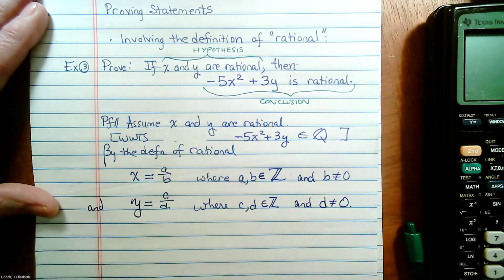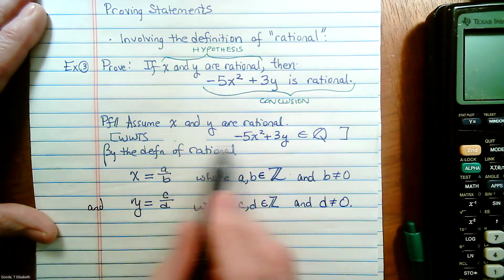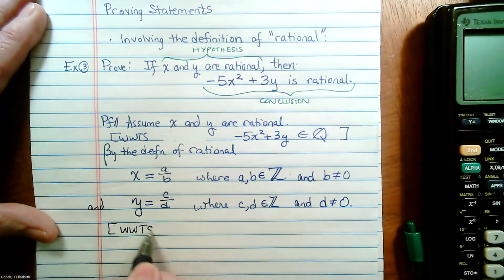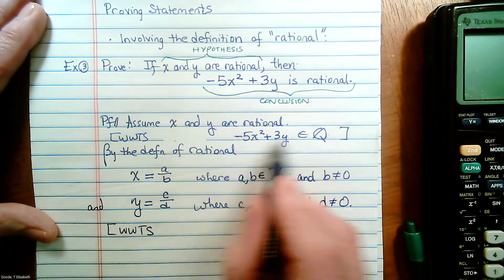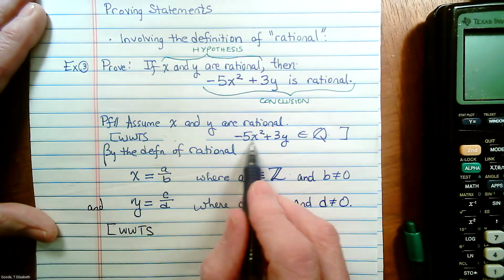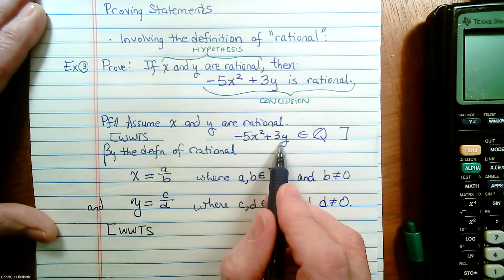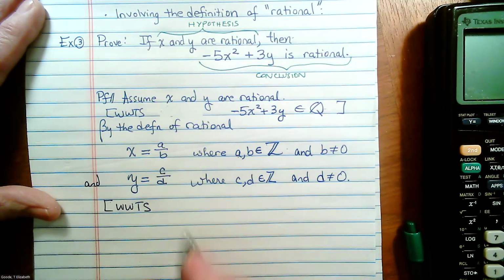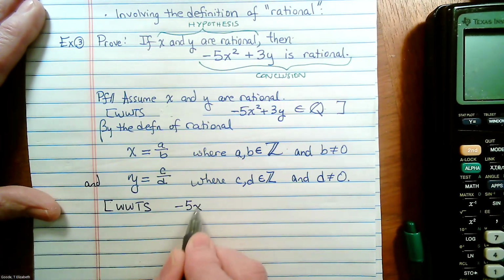That's right. All right, so I'm going to take a closer look at our wish because I always like to know exactly what I'm up against. What is it we'll have to show about negative 5x squared plus 3y before we'd be able to say that it's rational?